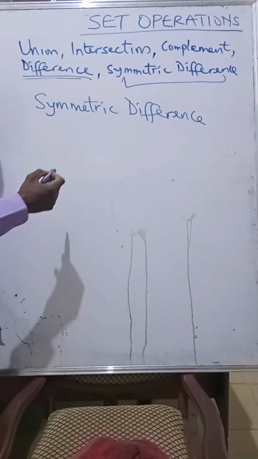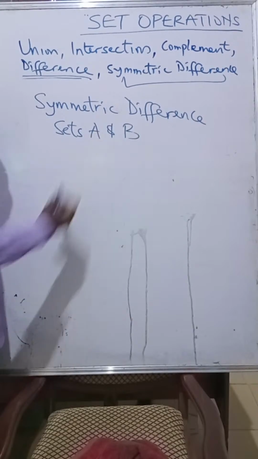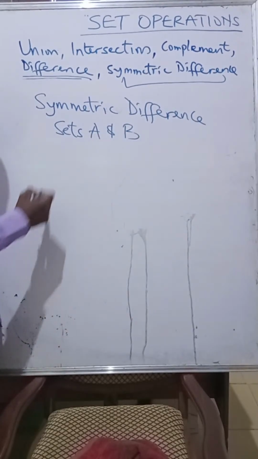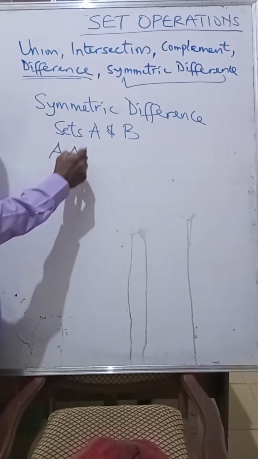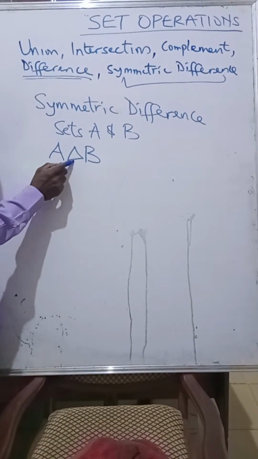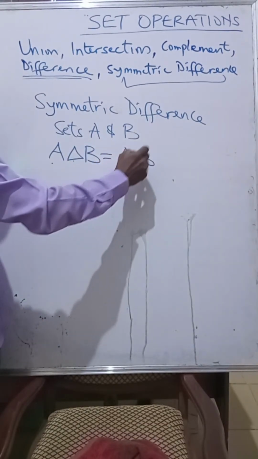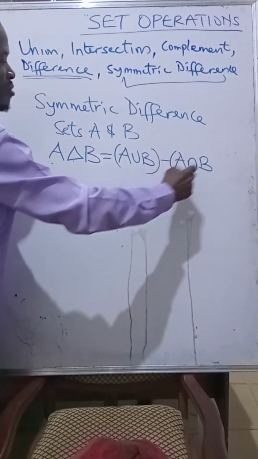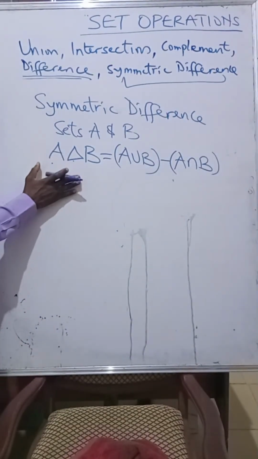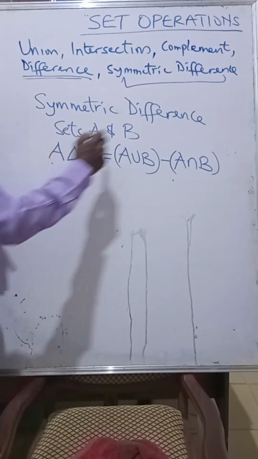We're dealing with two sets, A and B. The symbol for symmetric difference is delta, and it has a formula: A union B minus A intersect B. So that's the formula for symmetric difference, the notation for sets A and B.